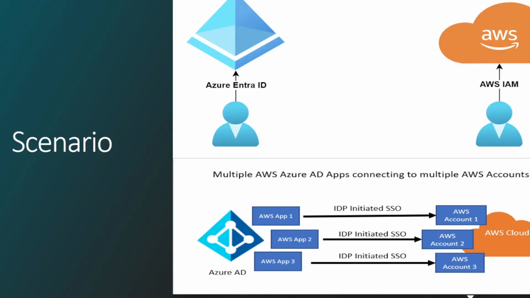Integrating AWS IAM Identity Center with Microsoft Entra ID is the scenario that we are going to be working with. This integration is going to allow users to access multiple AWS services using a single set of credentials that are managed in Microsoft Entra ID.